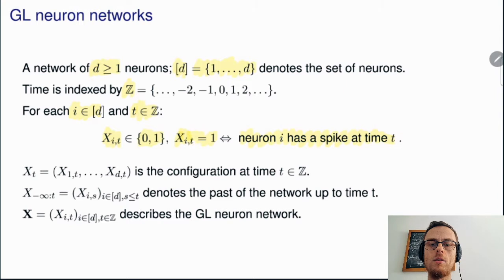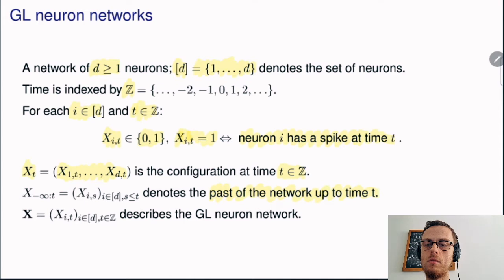The configuration of the network at time t is going to be a random vector X_t, a d-dimensional random vector, where the coordinates are X_1t up to X_dt. An important definition for us is what we call the path of the network up to time t.